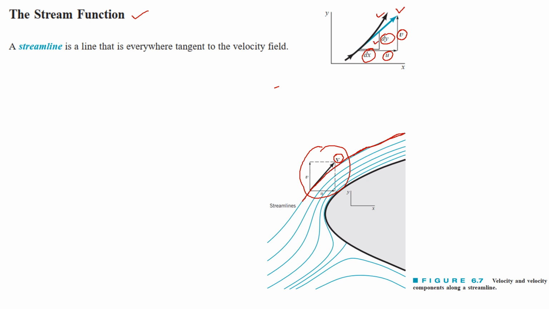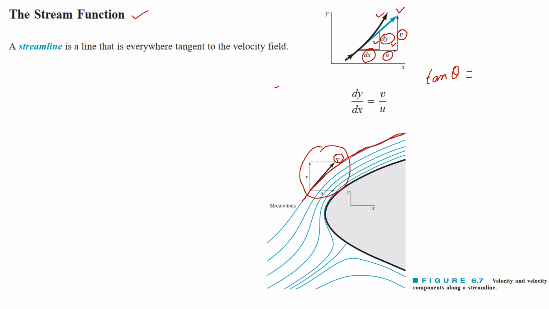So using these two triangles and using tangent theta, we can relate them: dy over dx is equal to v over u, and this is what the slope of the tangent is. We can take the slope of these two triangles by taking the tangent theta of each.